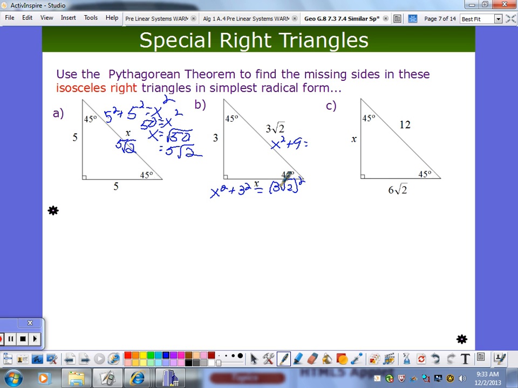Yeah? 18. How come? Right, 3 times 3 is 9, times the square root of 2 times the square root of 2 is 2. 9 times 2 is 18. So x squared, subtract 9 from both sides. What's x? We're going to take the positive root. Great. Okay.